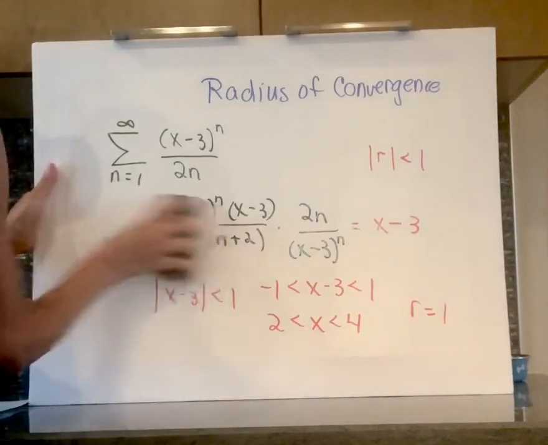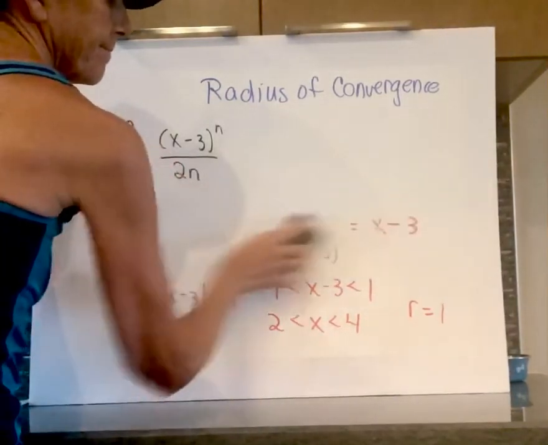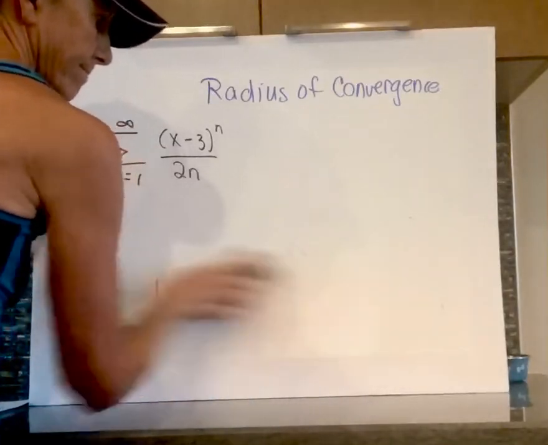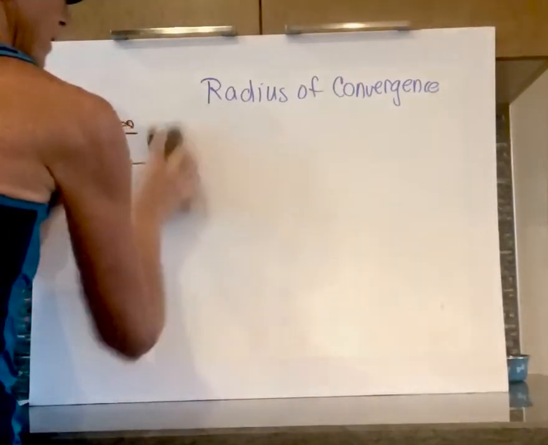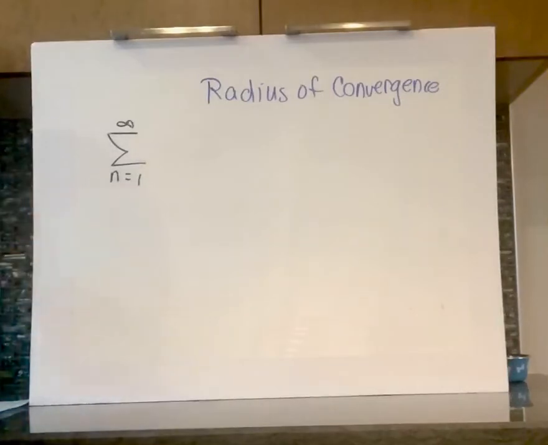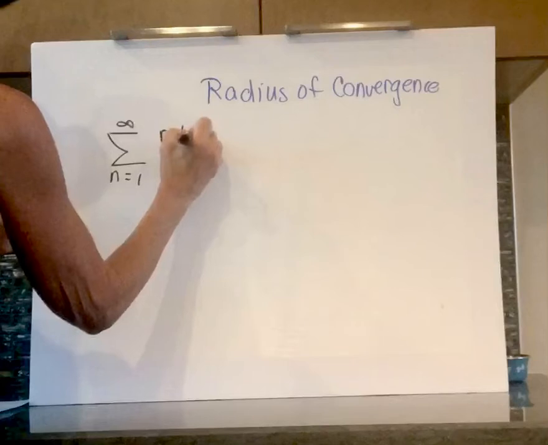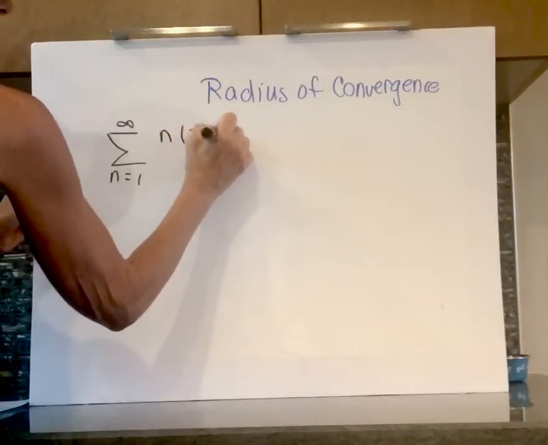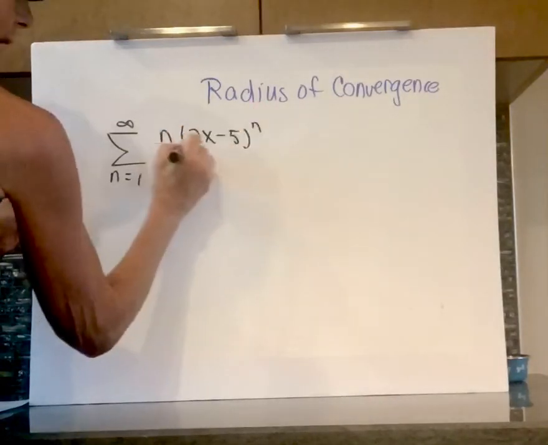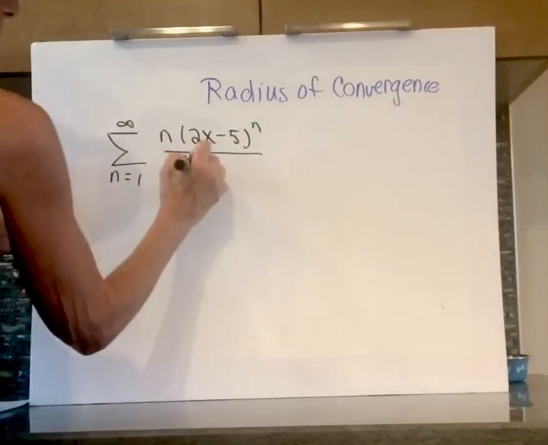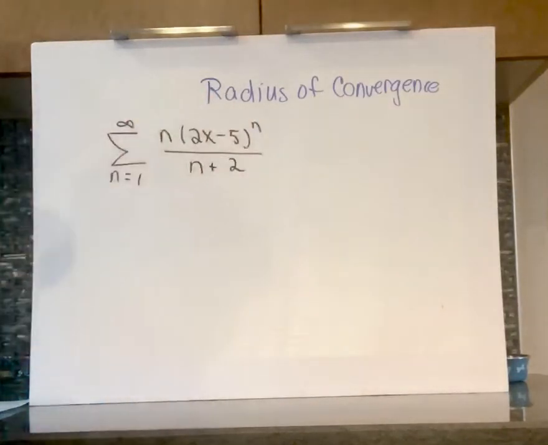Okay, so let me give you another example. Let's see what we have here. We're going to go into the power series from n equals 1 to infinity, you have n, you have (2x minus 5) to the nth power, and you're all over n plus 2. Again, apply the ratio test, limit as n is approaching infinity, and when you do that whole thing, you're left with only 2x minus 5.